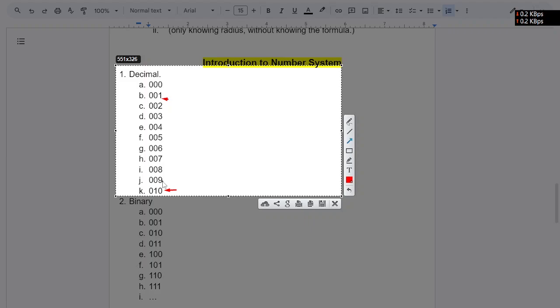So when we come to the largest digit of that number system, we will reset that number to 0, and we will add 1 to the left position of that digit. So we reset 9 to 0, and we will add 1 to the left position of that digit. We will add 1 in the position of 0.